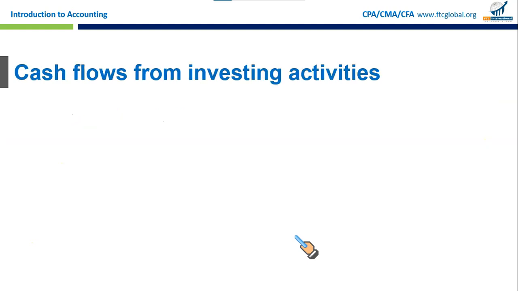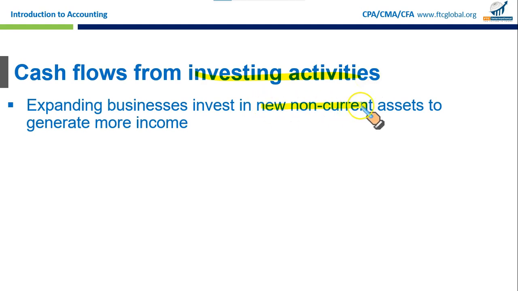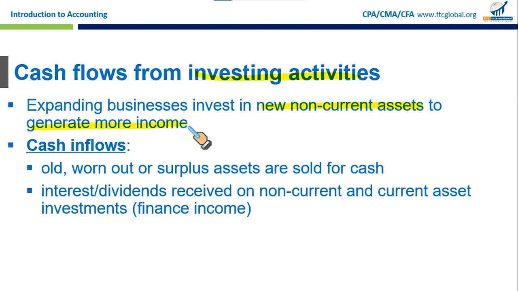So we are going to discuss cash flow from operating activities, the proper format, in the later slides. Cash flow from investing activities. Clearly, it's a cash flow related to investment in new non-current assets or selling the older assets. So cash inflows come when we sell old, worn out surplus assets, and any interest or dividend we receive, interest income on any non-current deposit, fixed deposit, or any dividend we receive which we have made in any short-term marketable investments.